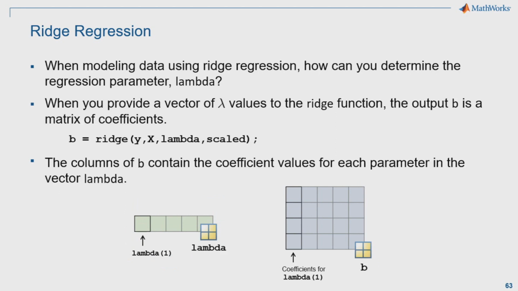As I told you before, you can specify many values of lambda. If you don't specify lambda, I think by default lambda is internally found by the algorithm, and it will give you the result for that lambda.